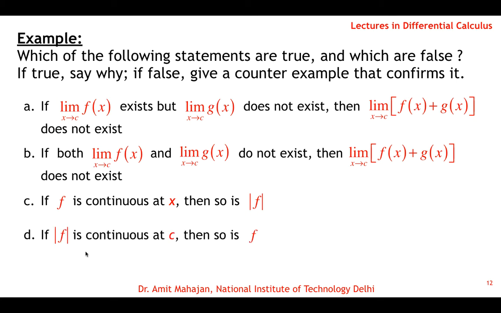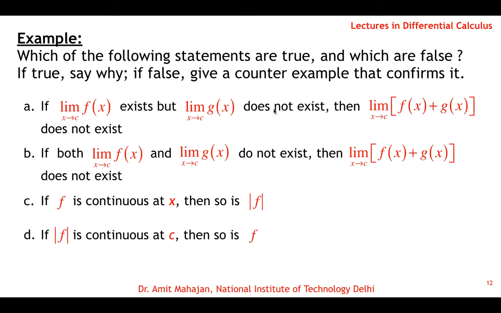And the fourth result is that if the modulus of a function is continuous at point c, then so is the function itself. Okay, so these are the four statements, and we have to see whether the statements are true, or if they are not, then we have to give a counterexample to show that they are false.